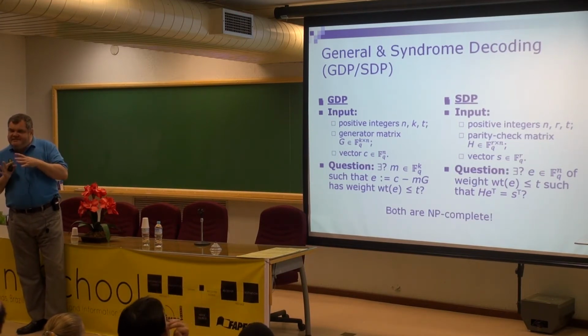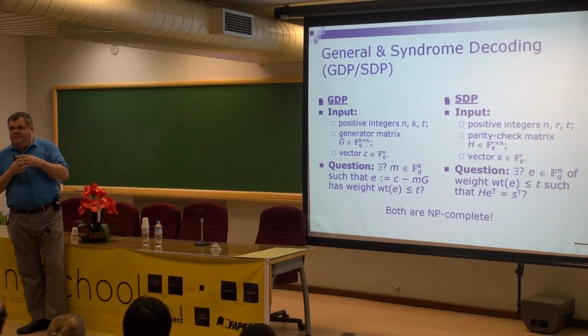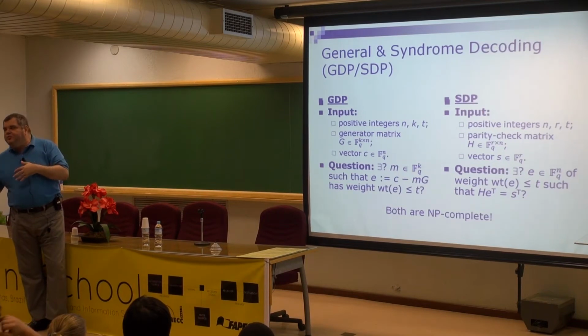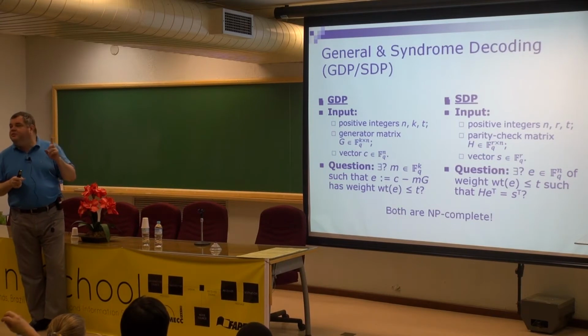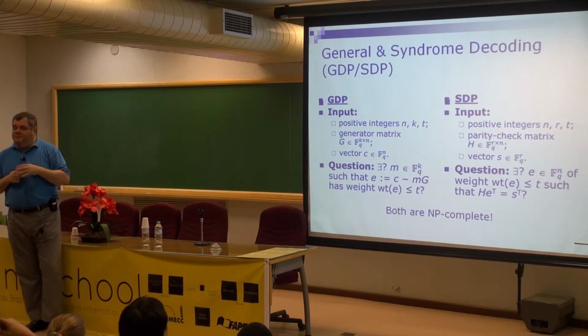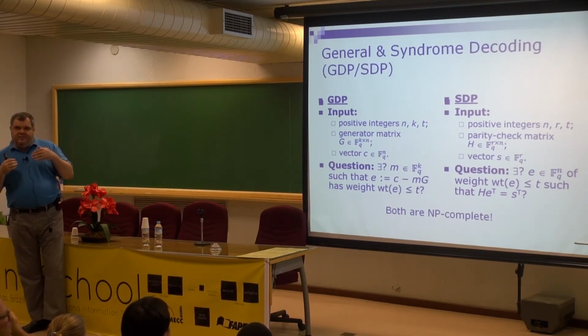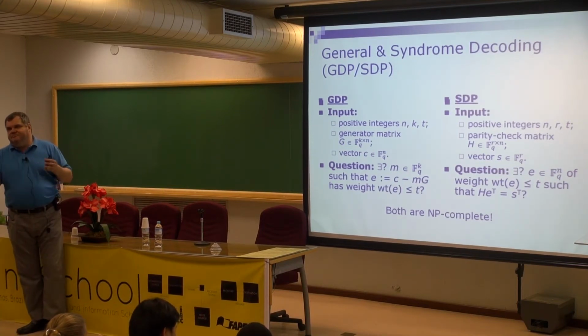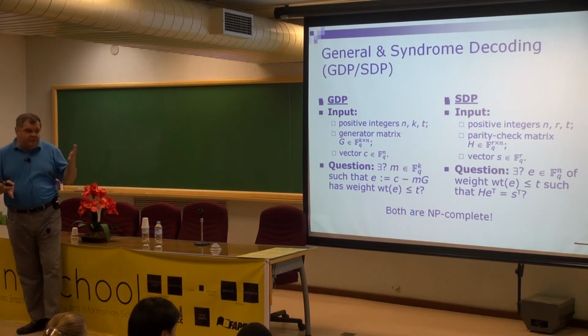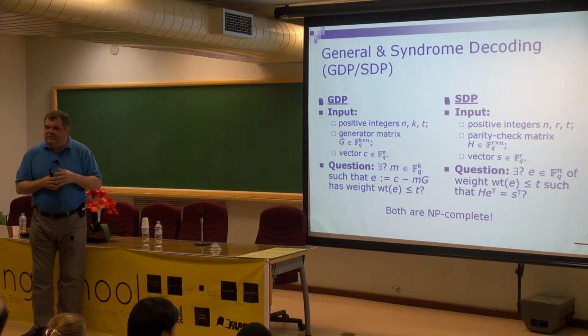This is what inspired the creation of the very first code-based crypto systems. As soon as the syndrome decoding problem and the general decoding problem were proven to be NP-complete, it was a matter of months before the very first code-based crypto system, the McEliece crypto system, was proposed.